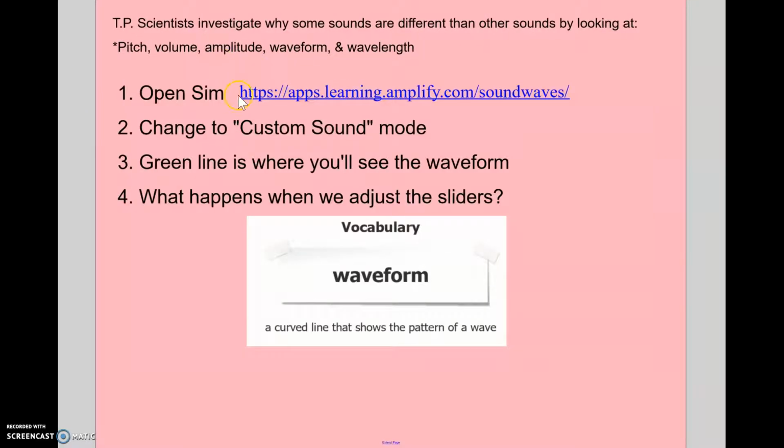So first, we're going to go to our sim, but we're going to change to the custom sound mode, and we're going to play around with some sliders at the bottom and see what changes about the sound. One thing we need to know is that a waveform is a curved line that shows the pattern of a wave.